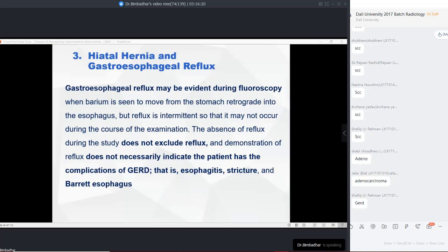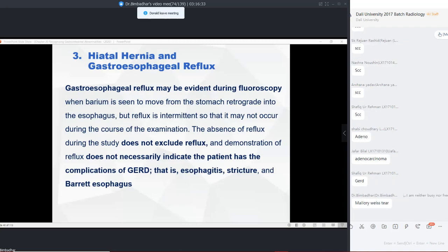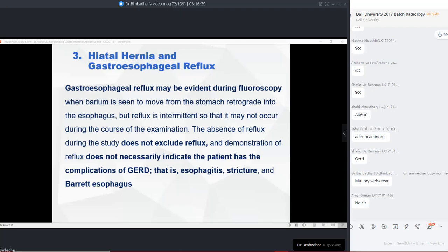Did you hear those names? Let me tell you the names so that you can try to find out simple definitions of them. Did you learn about Mallory-Weiss? Did you learn about Boerhaave syndrome? Try to find all these terms.